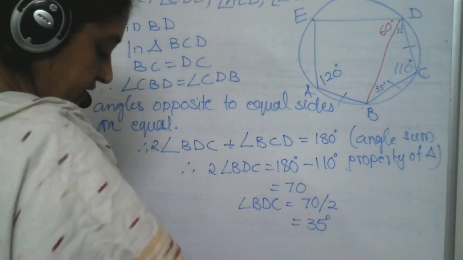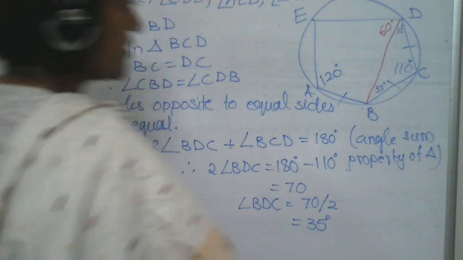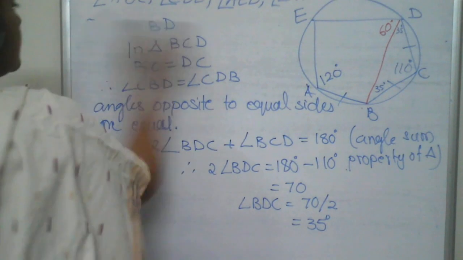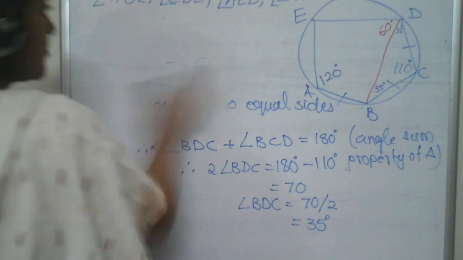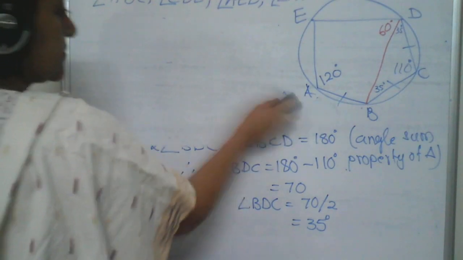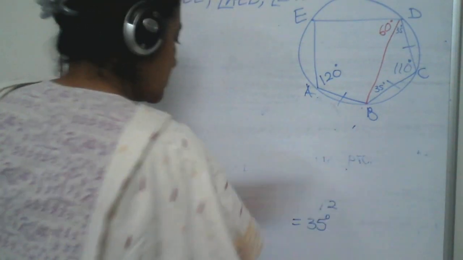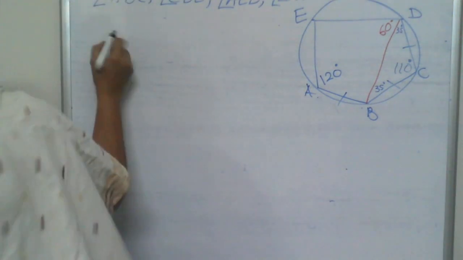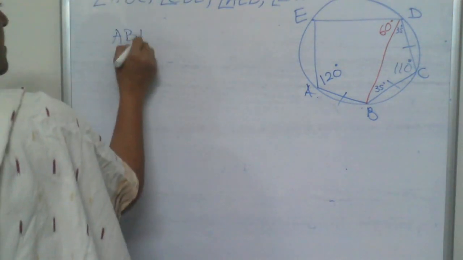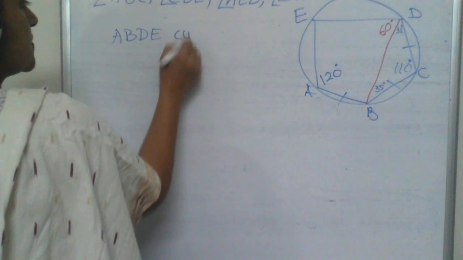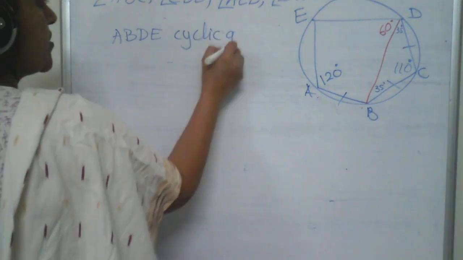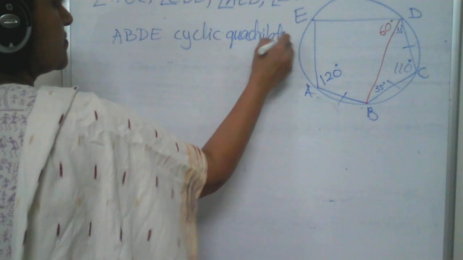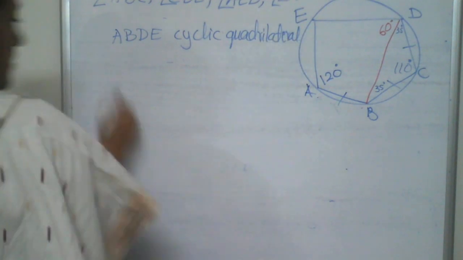So let's go ahead and write for this cyclic quadrilateral. This is still one part of it only. Now you can write ABDE cyclic quadrilateral.